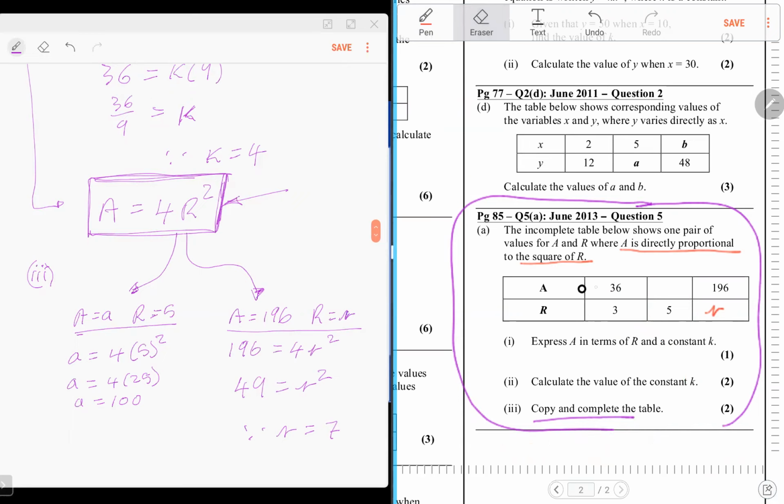But what is important is what you use to find a K. I call this small a, which will work out as 100. I call this small r, which will work out as 7. That is it.